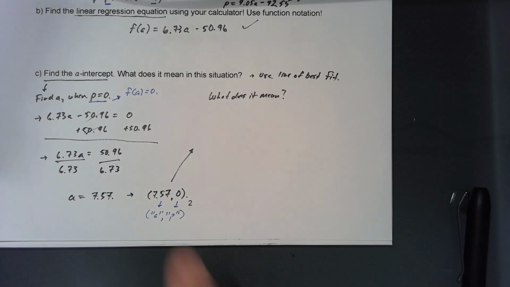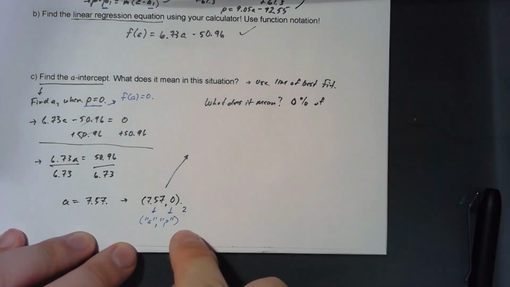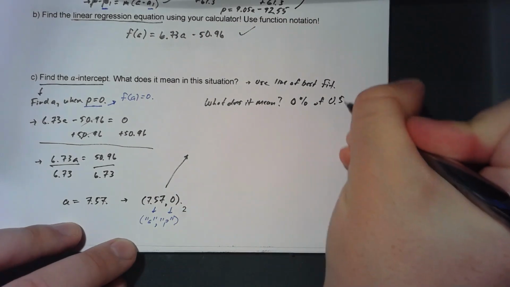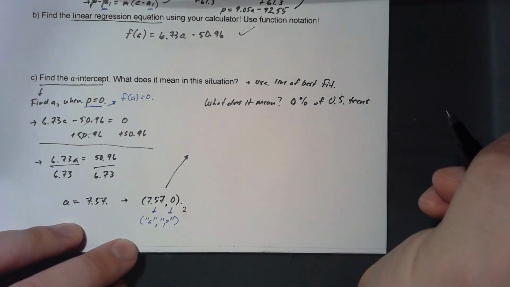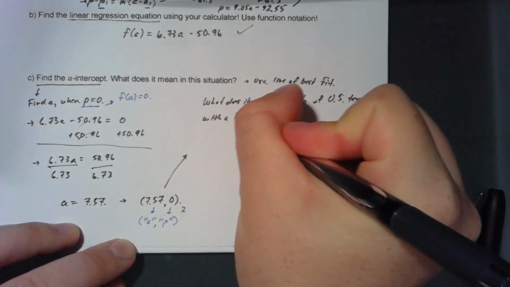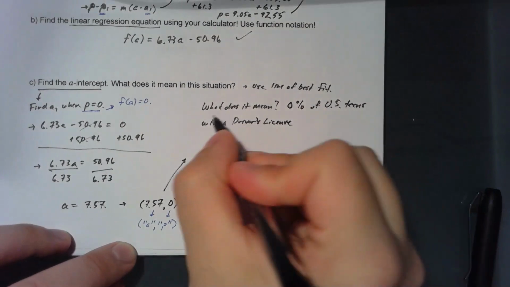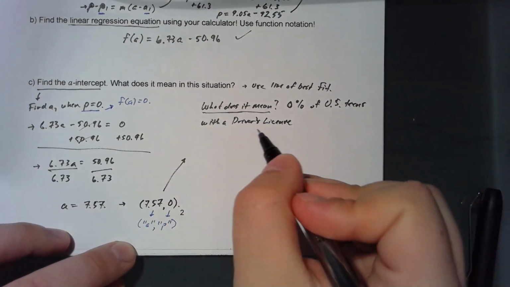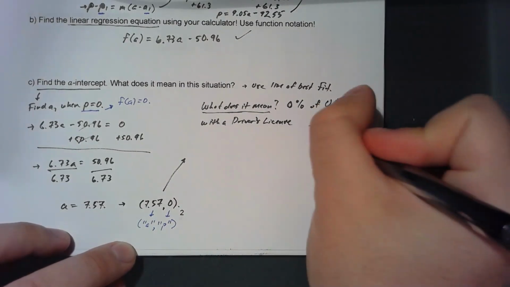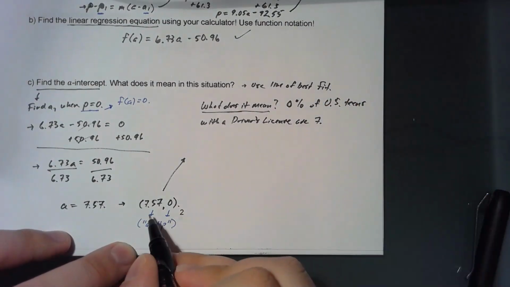So if I interpret this, this means 0% of U.S. teens with a driver's license in the U.S. are 7, I guess if I rounded that up to 8, right?